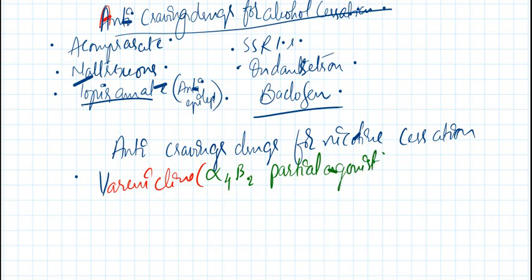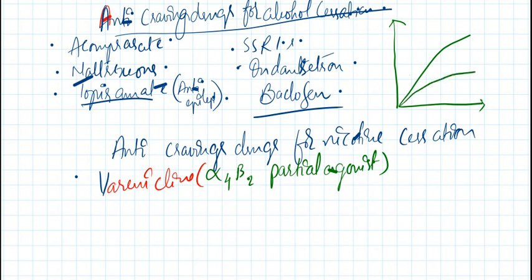I think we discussed this in pharmacology. Now we will integrate it with the graph regarding the action. Dose response: can you tell me agonist, antagonist and partial agonist? So this is agonist, this is partial agonist.